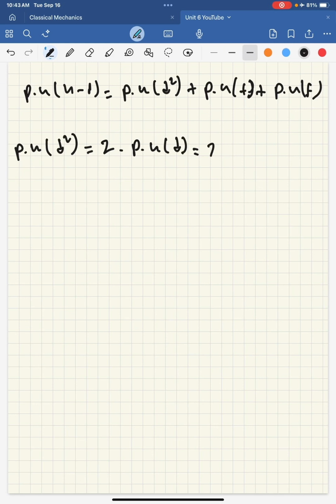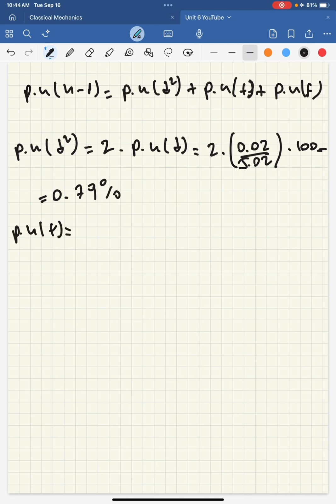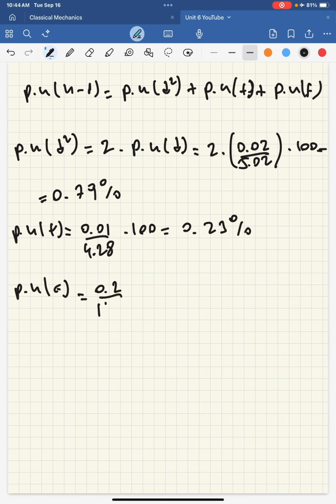So this is 2 times 0.02 over 5.02 times 100. So that's 0.79%. The percentage uncertainty in t is 0.01 over 4.28 times 100, so that's 0.23%.